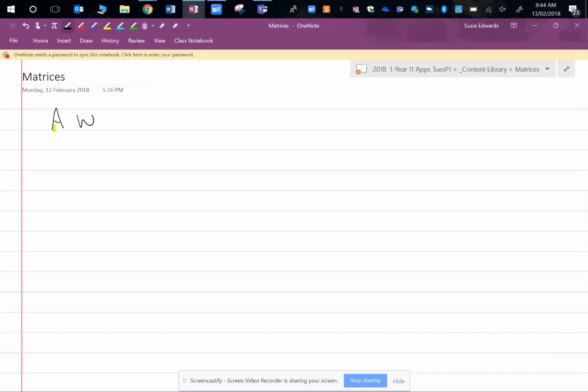All right, so a way of organising and displaying data. So how do we often display data? With a graph or a table, okay?